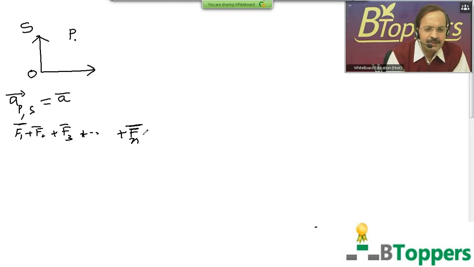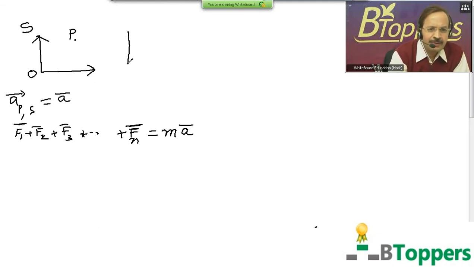So the vector sum of all these external forces acting on the particle, from Newton's second law, will be equal to the product of the mass of the particle and acceleration a bar of the particle with respect to the inertial frame.